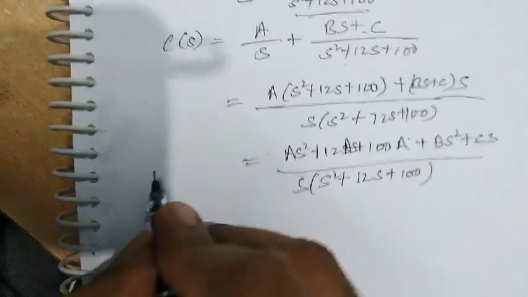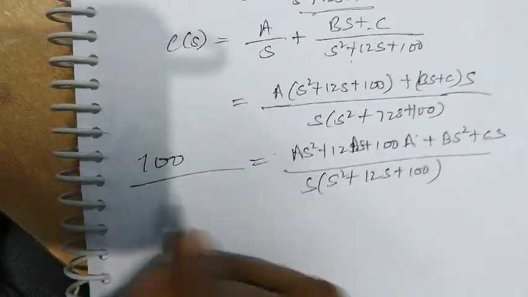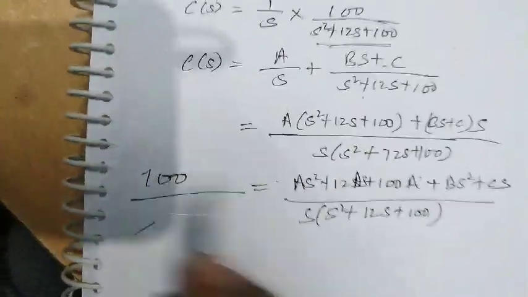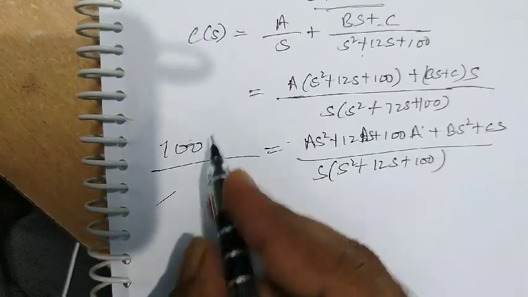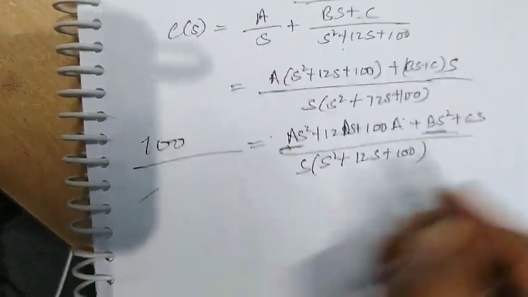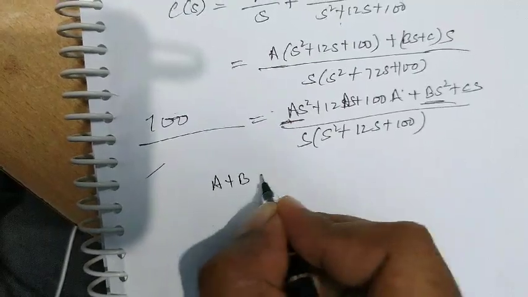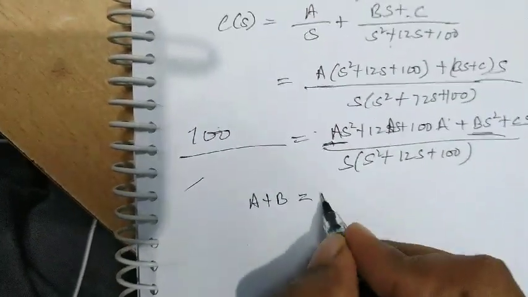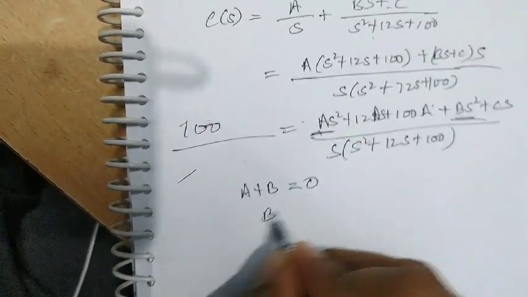Equating the coefficients, the s square coefficient is A plus B, and on the right side it is 0. So B is equal to minus A, right?